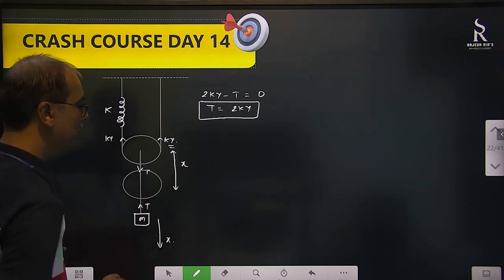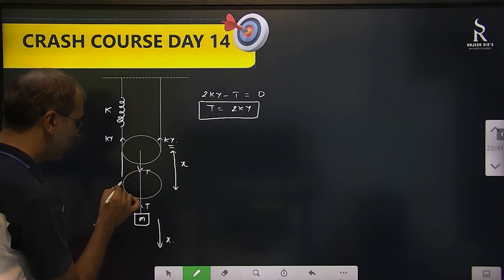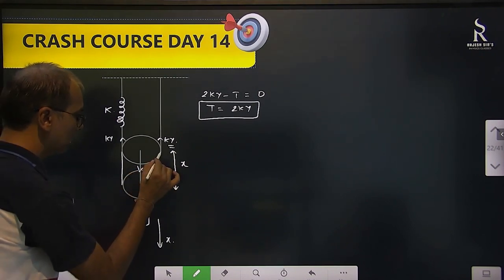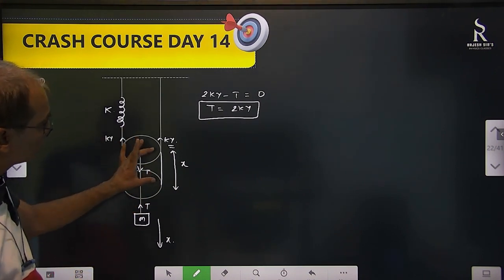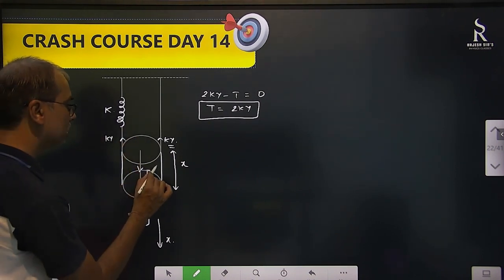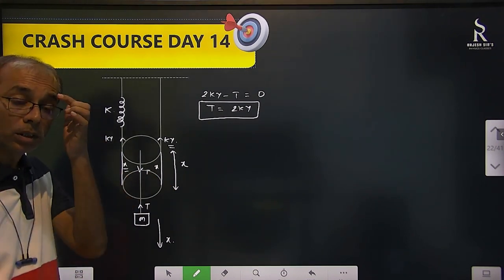So if the pulley came down by x, now what is to be done? You have to increase this length by x here and this length by x also. Because the pulley came down, this string needs to increase by x and this string also needs to be increased by x.